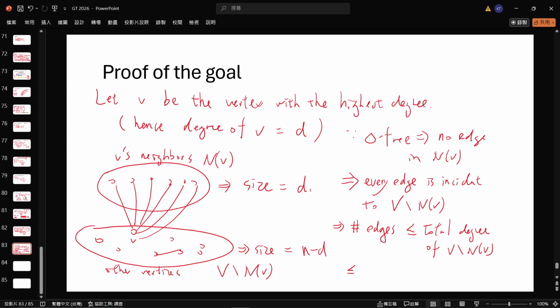We already have this: it's n minus d. And what's the maximum degree you can have? That's d. So let's prove it.